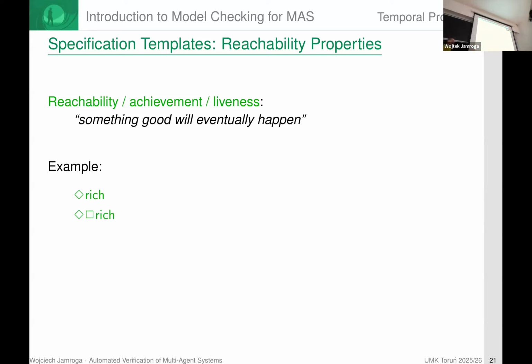If you think of the timeline, this is the point number 0, and the first specification is satisfied if there's just one point later on when I'm rich, and then not anymore, right? So the second specification says that there must be a point in the future which satisfies always rich.